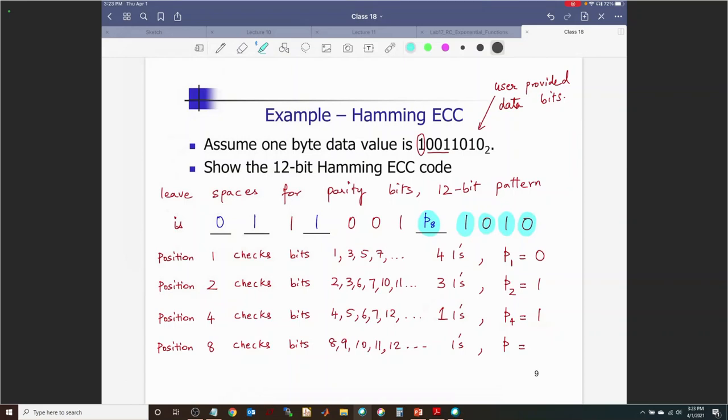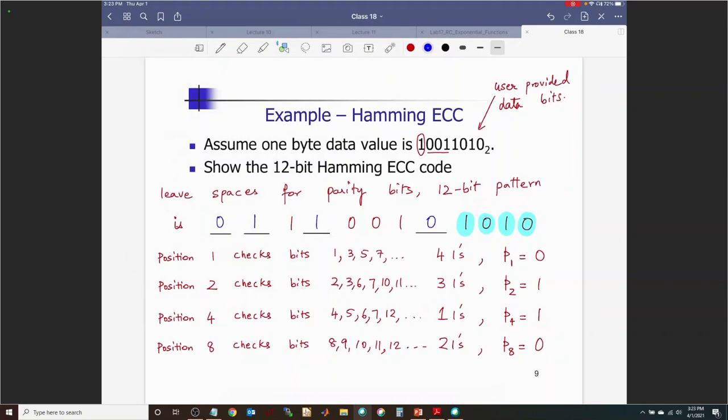So 12, 11, 10, 9, 8. That's it. So how many ones do I have? Over here, I have 2 ones, right? This guy and this guy. 2 ones. So what is P8 going to be? 0. And I am done.